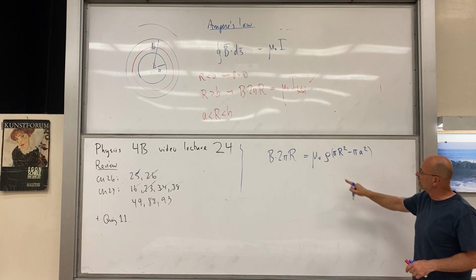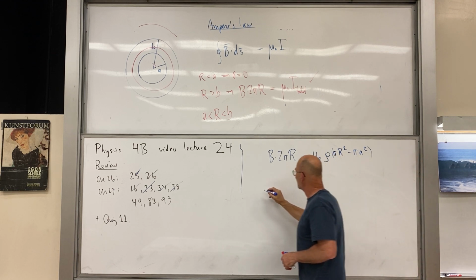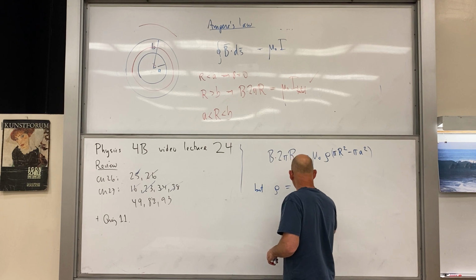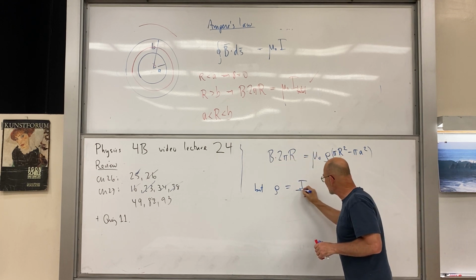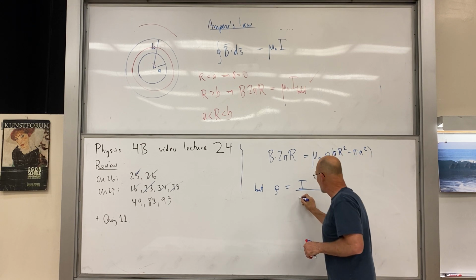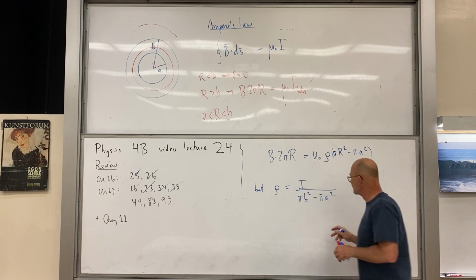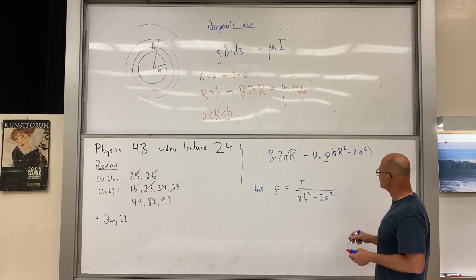So the question is, what is that current density? But rho is the total current divided by the total area here, which is pi B squared minus pi A squared. Right? I'm just taking the area minus the area, subtracting the two.